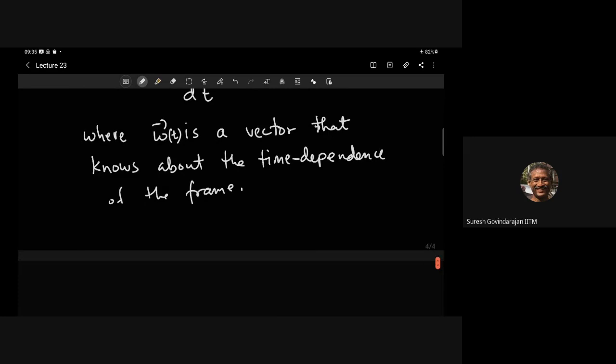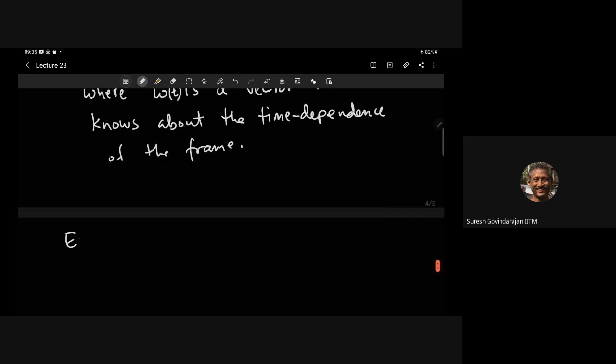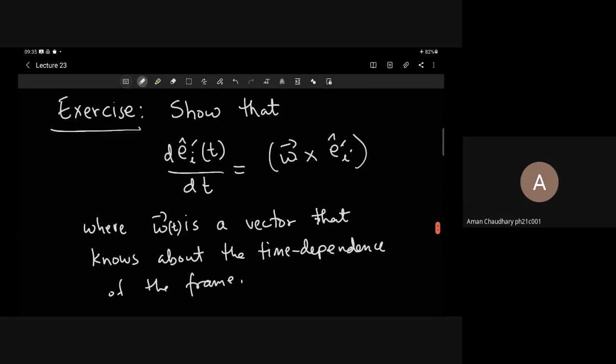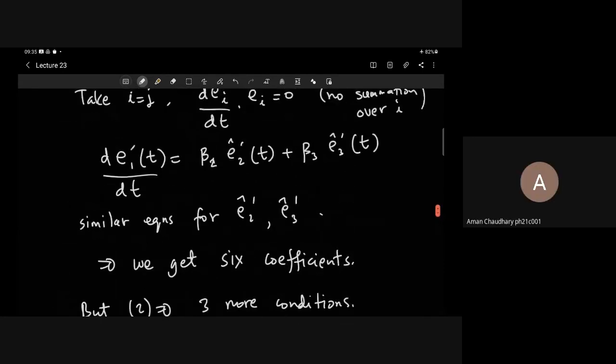So let's do an example. Sir, we said that the derivative of E1 prime equals beta 2 E2 plus beta 3 E3 prime. So in other words, we are saying that either beta 2 or beta 3 is 0? No, we are not saying that.